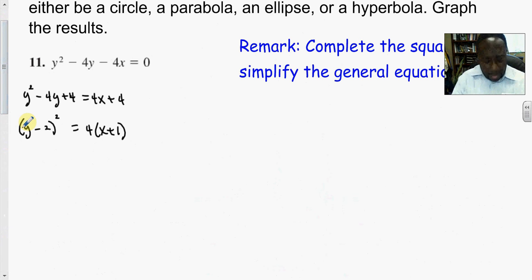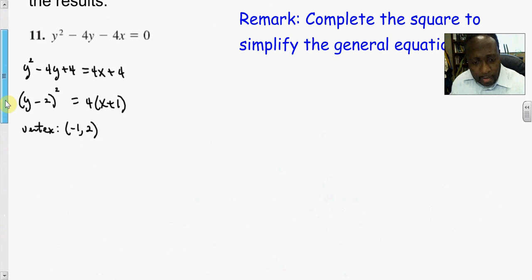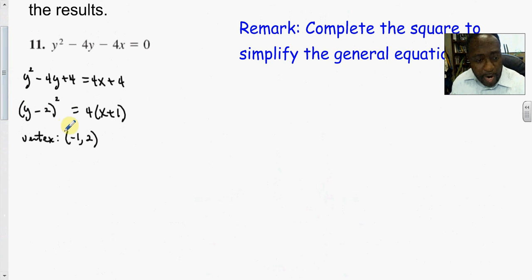Now, according to the definition, the vertex for this problem is the point (-1, 2). And so we seek to graph this. This is y squared, so the parabola will curve either to the left or to the right.